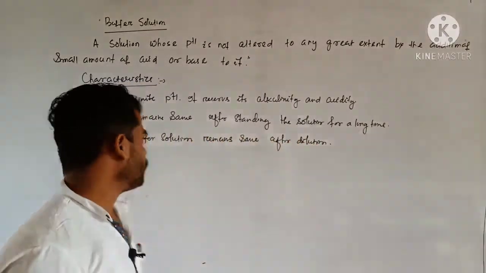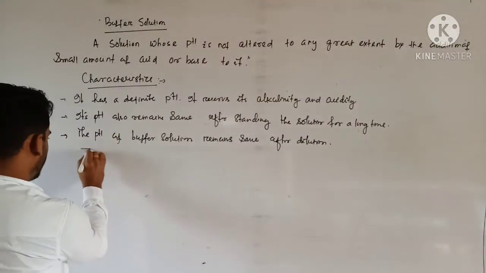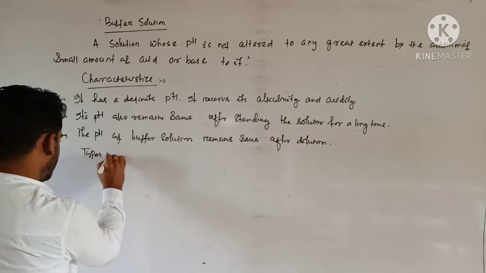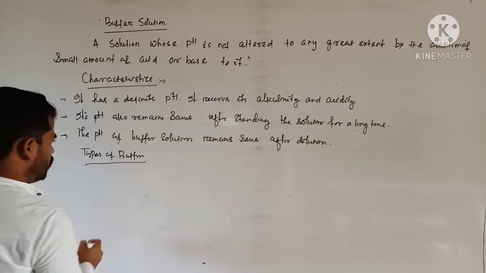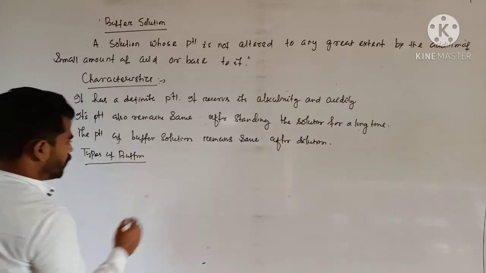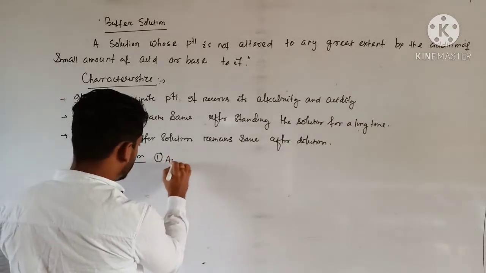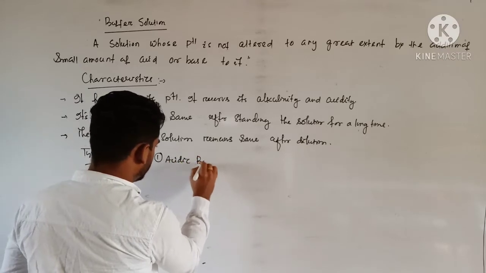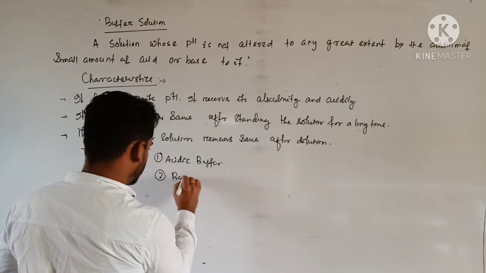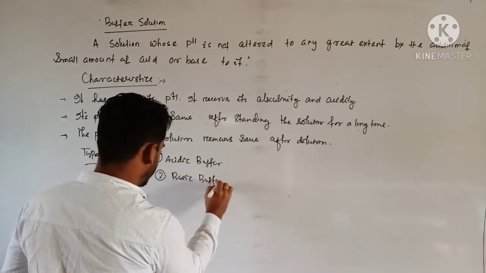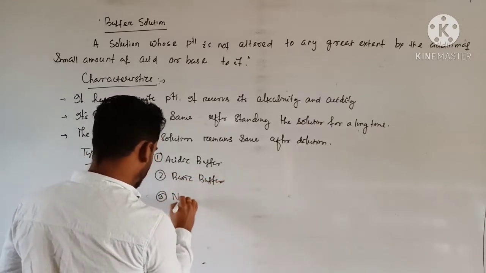Now the types of buffer. Right now you just need to know there are three types particularly. One is acidic buffer, second is basic buffer, and the third is neutral buffer.